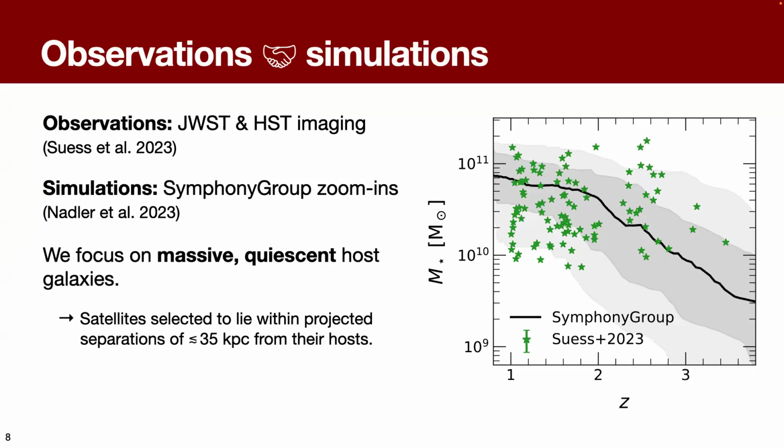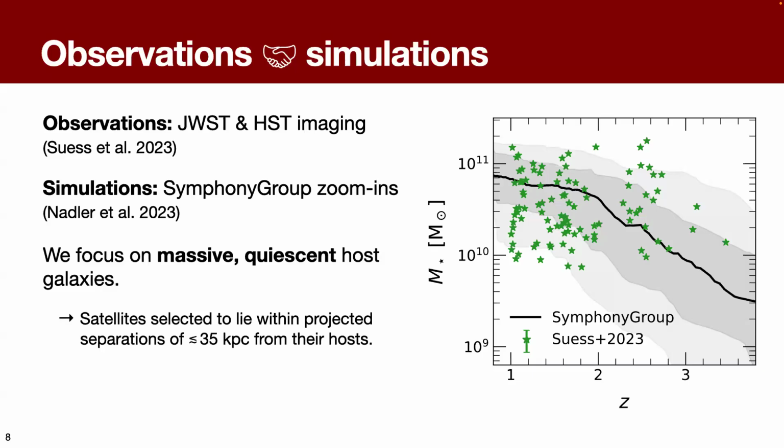The observations come from Ren's 2023 paper, which uses multiband NIRCam imaging in GOODS-South from the early JWST data, and also HST imaging. The simulations we use are coming from the Symphony suite, which is a suite of cosmological dark matter only zoom-in simulations that look at host halos at about the 10^13 solar mass virial mass scale.